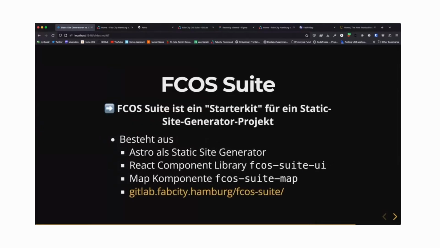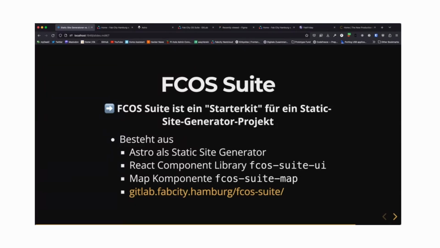And so this is now where I define what the FCOS Suite is, and it is a starter kit, meaning it is a set of tools and templates that we bundled together that help you start a static website with a static site generator. And it consists of Astro being the main component.